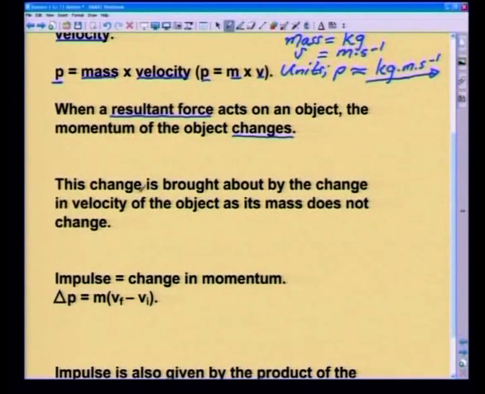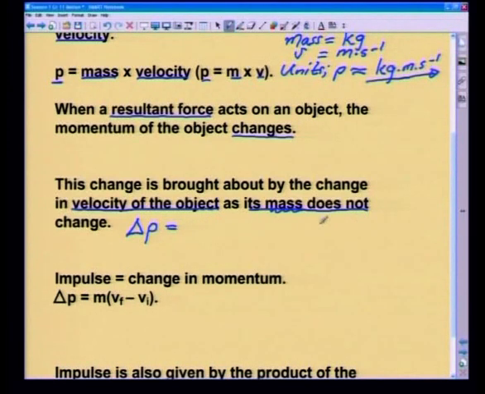This change in momentum is brought about by the change in velocity, because under normal circumstances the mass of the object does not change. So for the change in momentum, remember the small Greek letter delta to mean change. Change in momentum is given by the change in velocity.